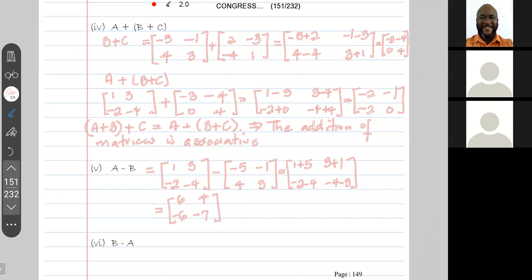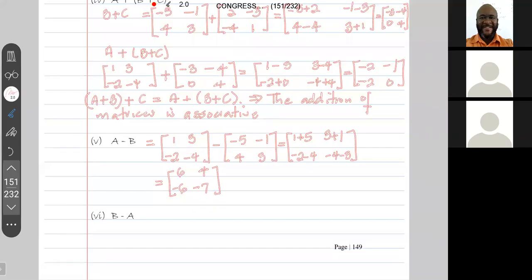Please do B minus A. All right, so let's just do B minus A. You're going to put the B first. This is minus 5, minus 1, 4, 3, that's B. Minus A, which is 1, 3, minus 2, minus 4.